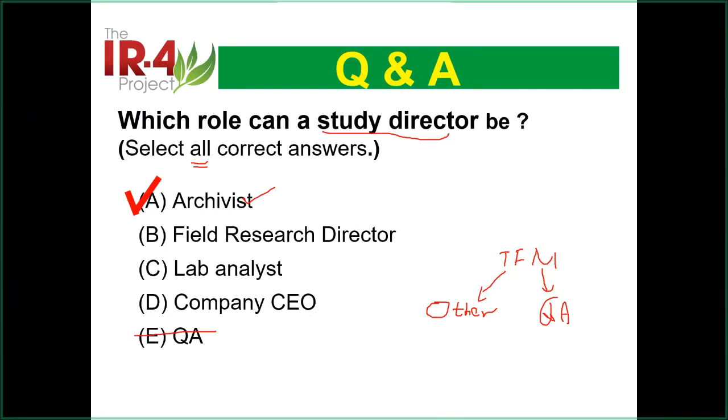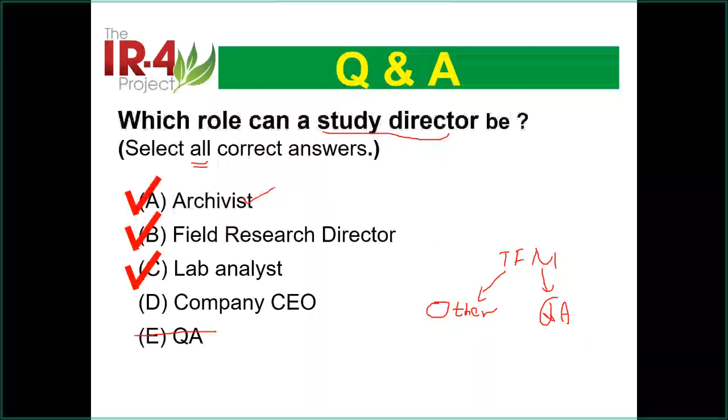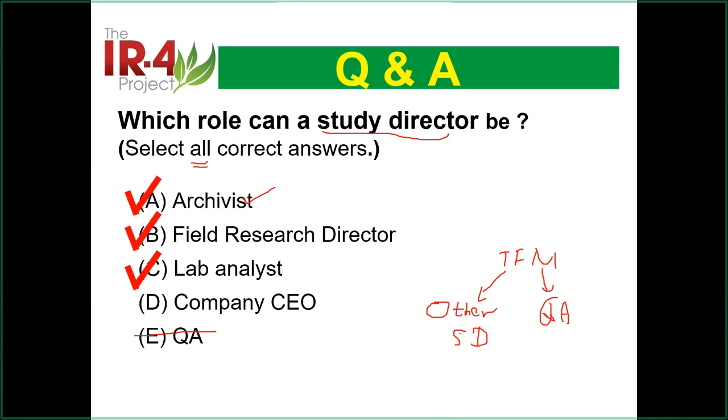How about the field people? How about lab people? Yes, if this lab is too small, with only one person doing the lab or the field, the study director can do that, as long as the study director is separated from QA, that's fine.